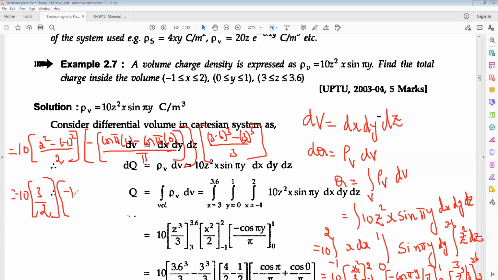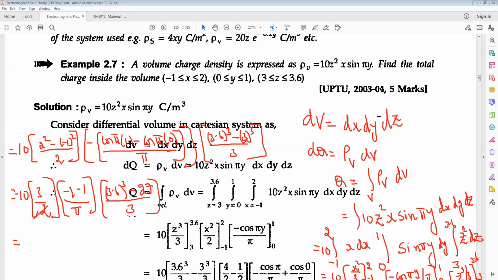The cos pi is -1, cos 0 is 1, by the pi, and 3.6 whole cube minus 3 whole cube is 27 by 3.